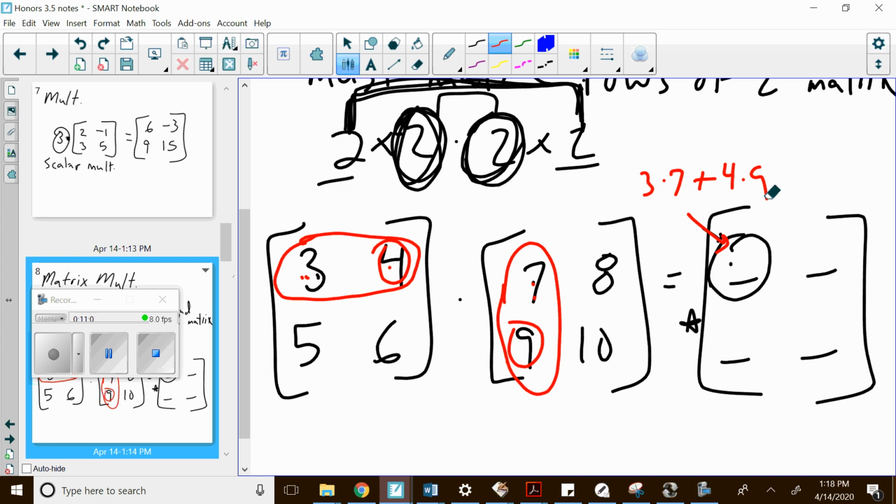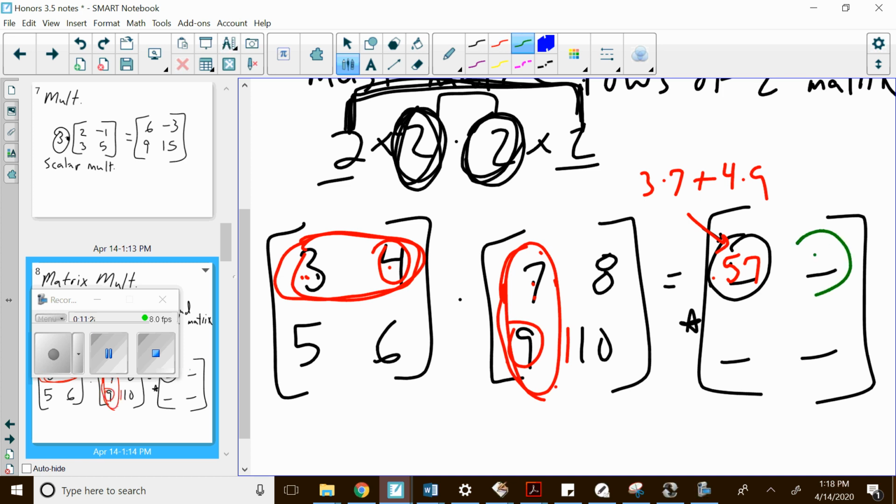Okay, so 21 plus 36 is 57. 57 actually goes in that position right there. Okay, and that again was a matter of combining the first row with the first column, because that's the element we were trying to find. First row, first column.